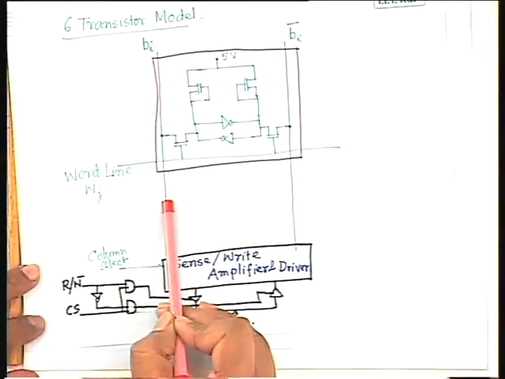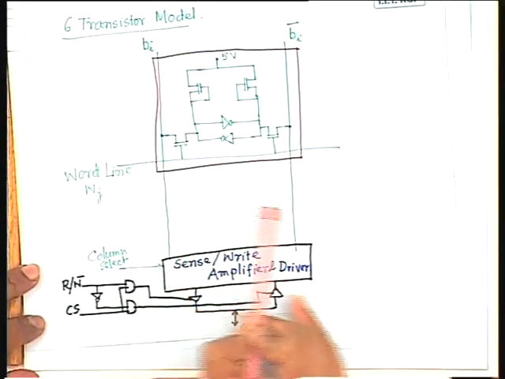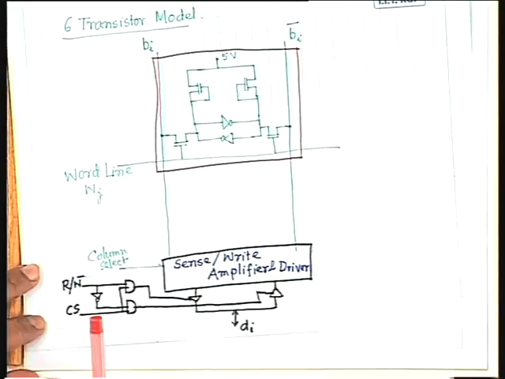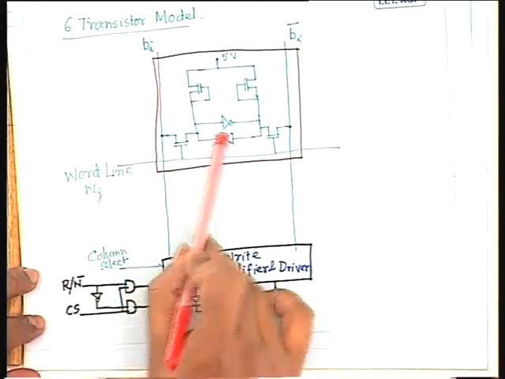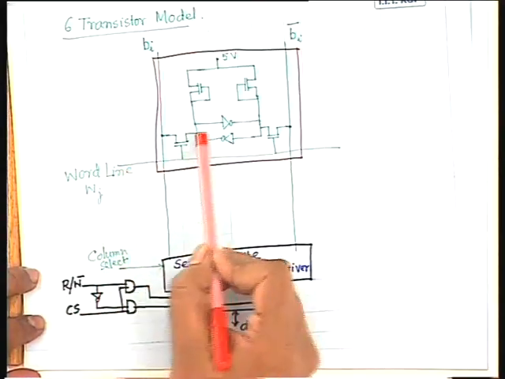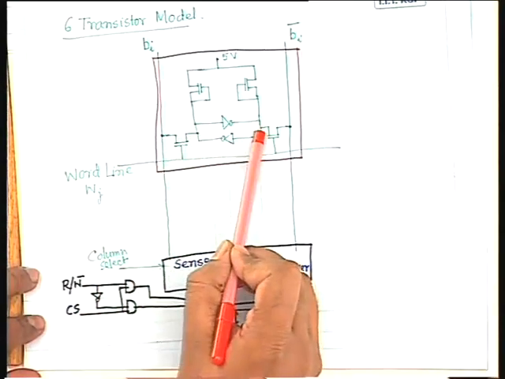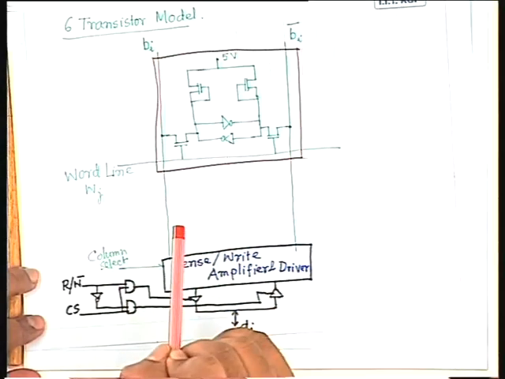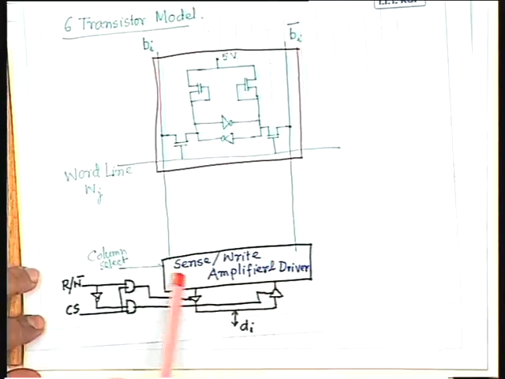So driving these two lines, BI and BI complement, to a voltage in between 0 and 1 logic level, and then selecting this cell through this word line Wj, you will find that whatever is stored in this particular cell, these lines BI and BI complement will be driven accordingly. That is sensed by this sense amplifier, and the corresponding output comes to this output line Di.